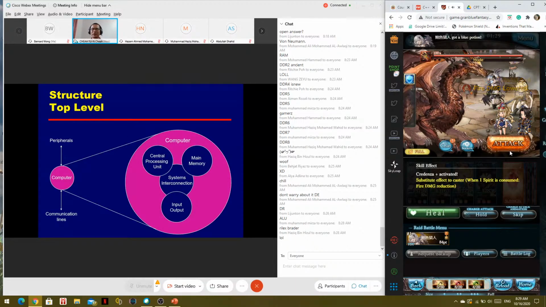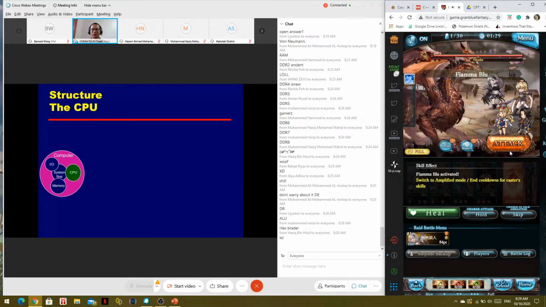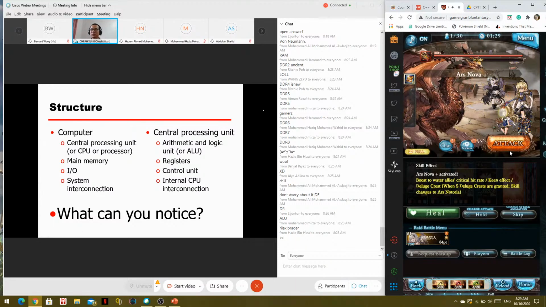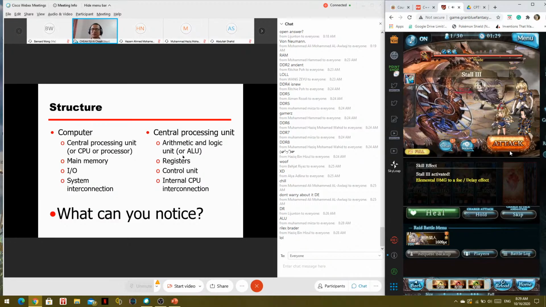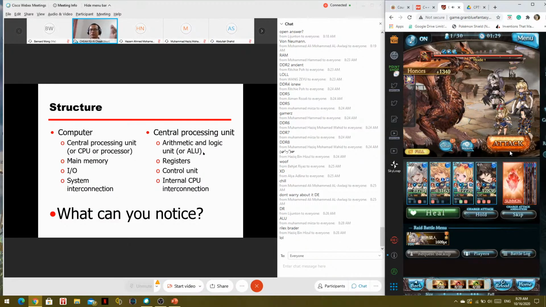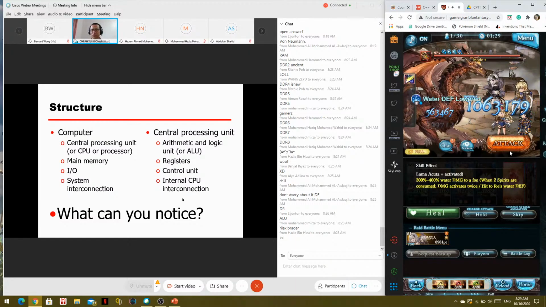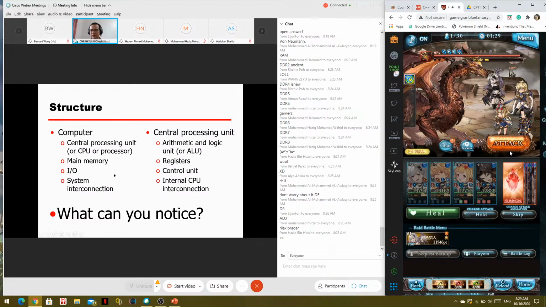Okay. Now then, you also have this one on the right side of this slide. You have the central processing unit, the CPU itself. Now the CPU itself has the arithmetic and logic unit, the registers, control unit, and the internal CPU interconnection. Okay, it is shown in this slide.